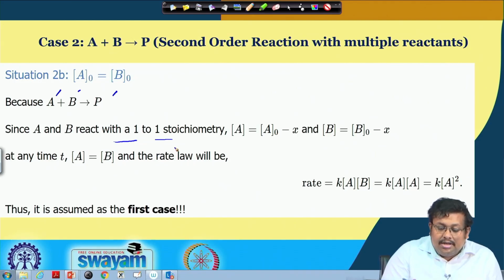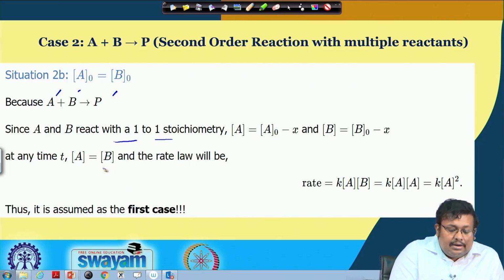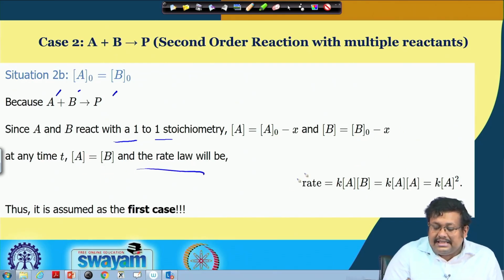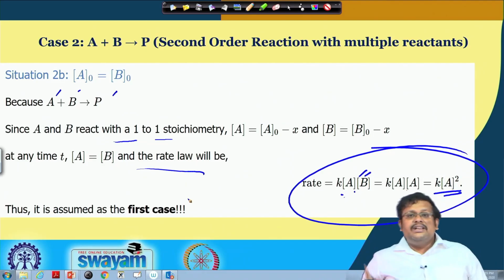Because they are the same, A concentration equals A0 minus x and B concentration equals B0 minus x. At any time t, A equals B, and the rate law will be rate equal to k into A into B, we know that. Now, we can replace B with the concentration of A because both of them are the same. So, we are getting rate equal to k A squared, which is the first case we have already discussed.